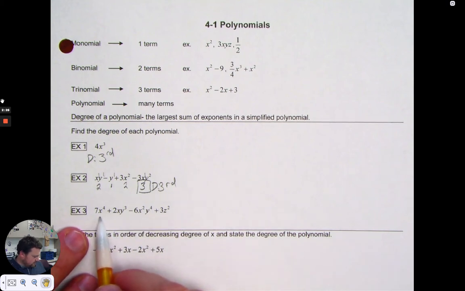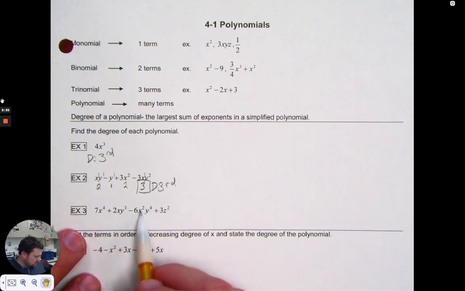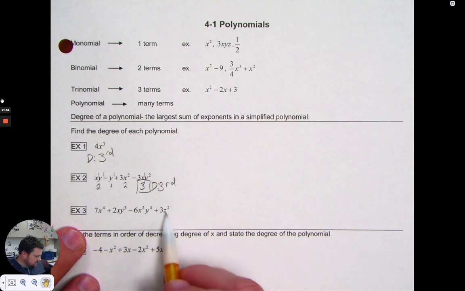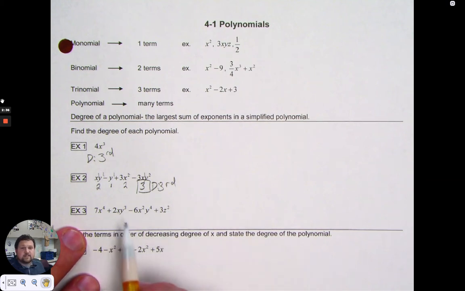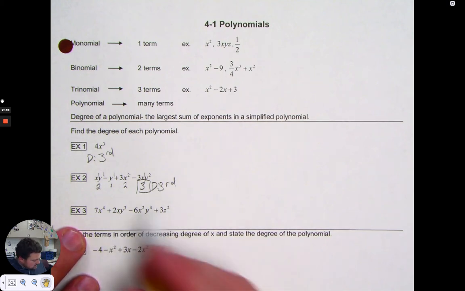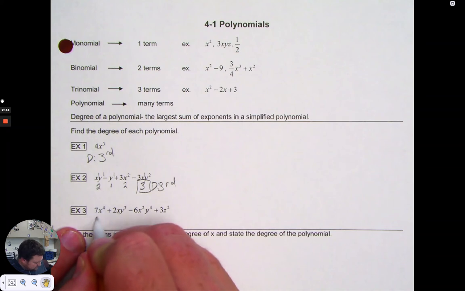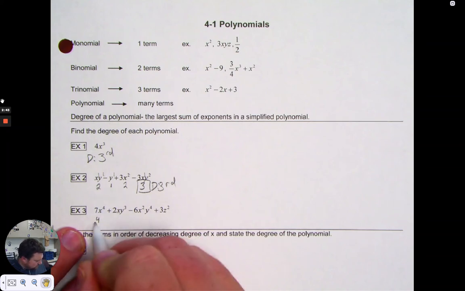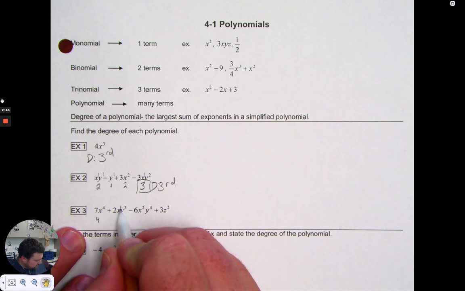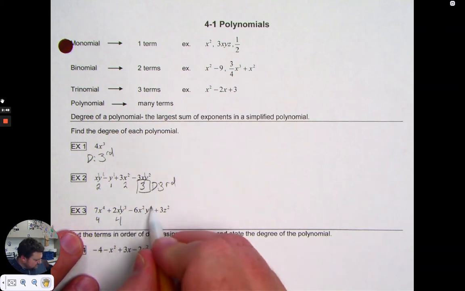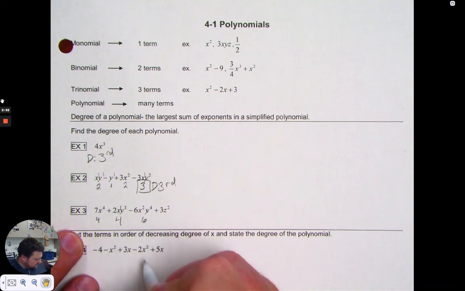For example 3 here, again, we look at them. Is there anything that can be combined? No. x to the fourth, x1 y to the third, no. x2 y to the fourth, no. z to the second. So I just want to look at each individual term and find its degree. The degree on this first term is 4. On my second term, I'd have 1 for the x, 3 for the y, so that's also 4. 2 for my x, 4 for my y, so 2 plus 4 is 6.